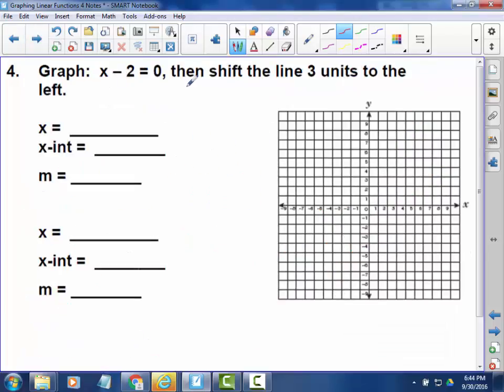Graph x minus 2 equals 0, then shift the line 3 units to the left. Okay, so x minus 2 equals 0. We'd add 2 to both sides, so x equals 2, which means the x-intercept is at 2, 0, because that's what we've talked about before: for the x-intercept, the y value is 0. The slope, well, it's an x equals line, so the slope is undefined.